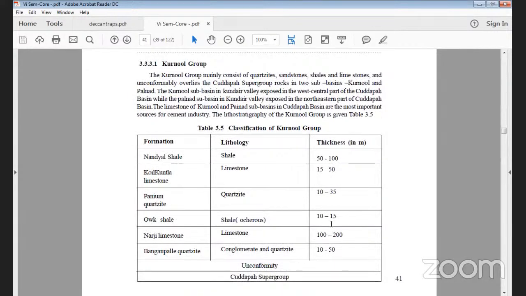The Kurnool group mainly consists of quartzite, sandstone, shale, and limestones, and unconformably overlies the Kadapa supergroup. The rocks are divided into the subbasins Kurnool and Palnad.